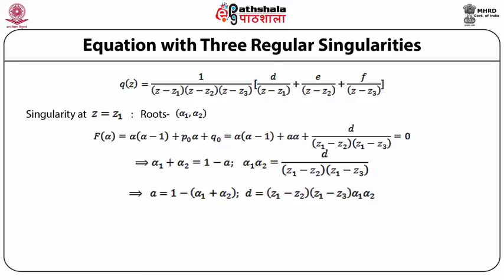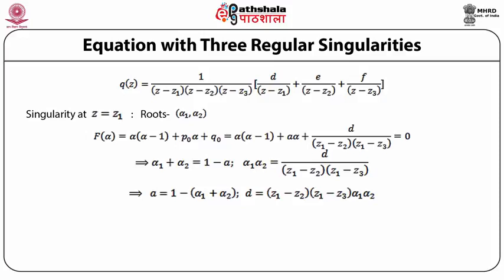If the exponents are alpha 1, alpha 2, then we get alpha 1 plus alpha 2 equal to 1 minus a, and alpha 1 into alpha 2 equal to d by (z1 minus z2)(z1 minus z3).